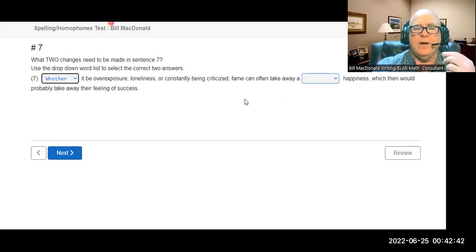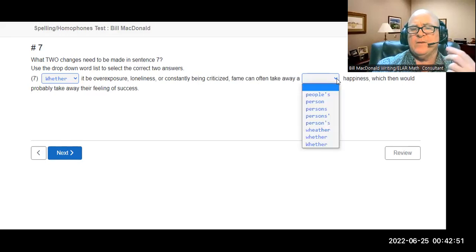Often can be exposure, loneliness, comma, or constantly being criticized, comma. They can often take away a singular, a people. You know, a is singular, people is plural. A person, happiness, that doesn't sound right. A person's, that sounds right, but because the person owns the happiness, I can't use persons because it doesn't even exist.